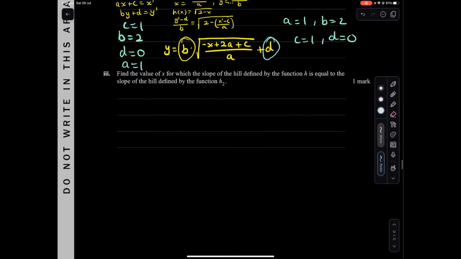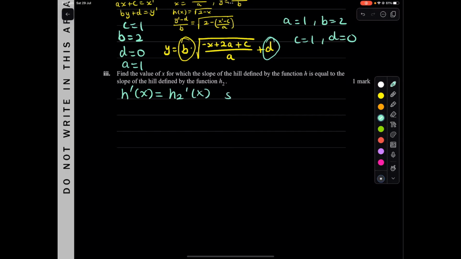Find the value of x for which the slope of the hill defined by the function h of x is equal to the slope of the hill defined by this. So what we're trying to find is h dash of x must equal h2 dash of x, and we want to solve for x.